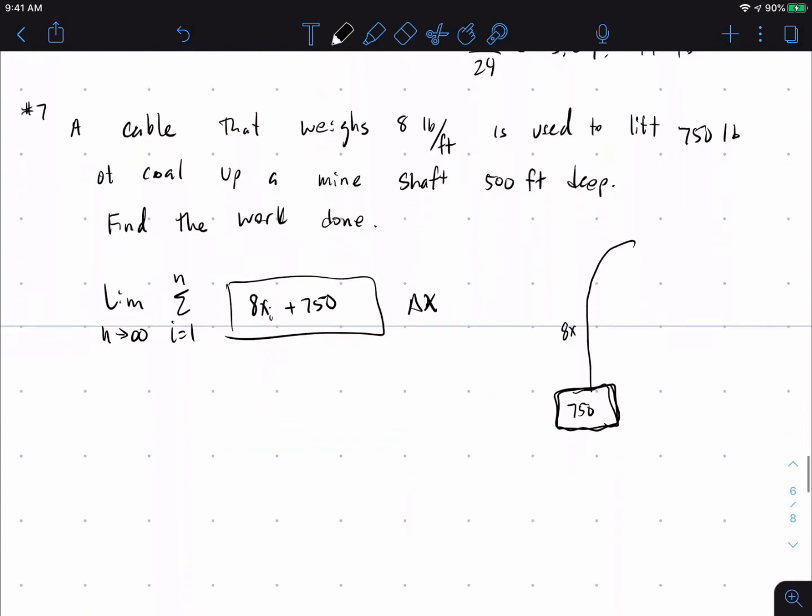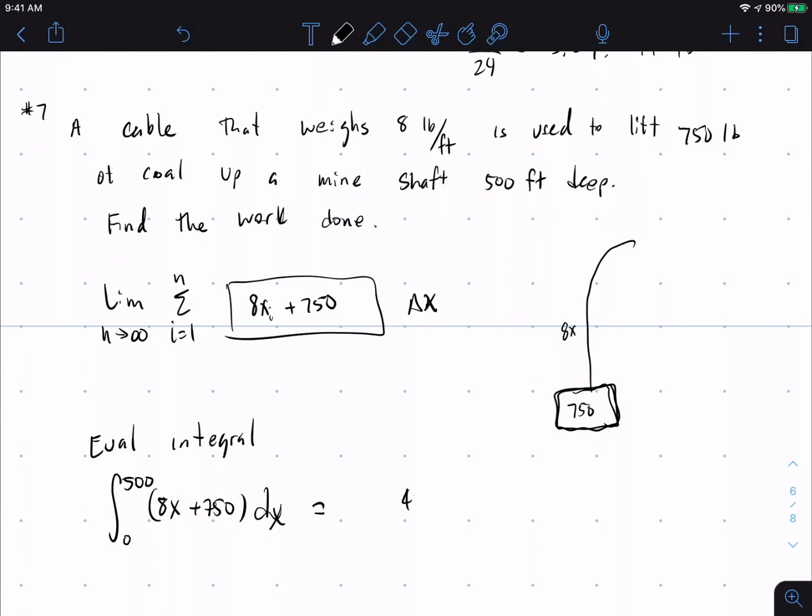Yes. Okay, now the actual integral, we want to evaluate the integral. We have to be able to translate that into integration, right? So into integration, the integral is going to go from 0 to what? 500, that's right, because that's the distance we're pulling. It's going to be the integral of 8x plus 750 dx. Now, let's evaluate this thing.